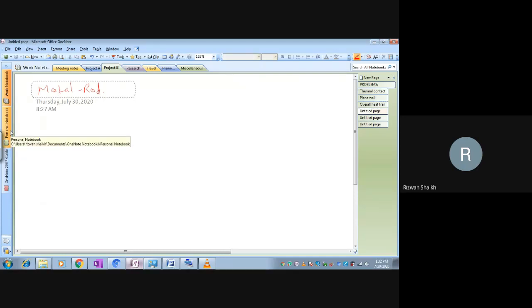We have to calculate the thermal conductivity K. So in order to calculate the K, we have to first know the given data of the metal rod. So I just draw the diagram for you, so it will be easy for us to understand. Okay, so the diagram is very simple.